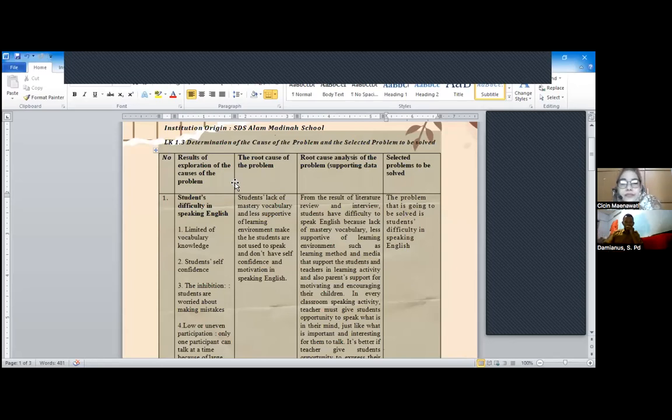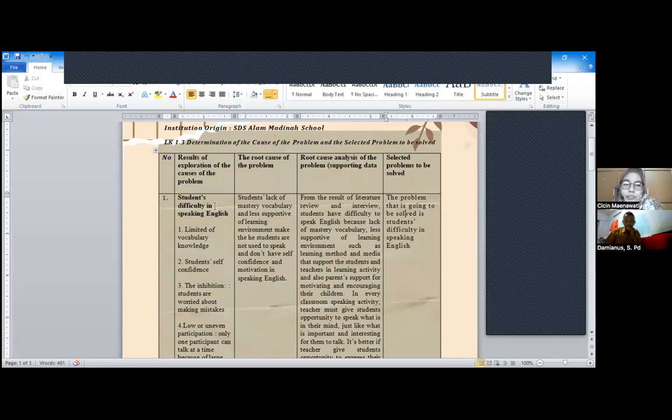So the student has limited vocabulary. The second, student self confidence. So in the second column, why don't you put the reason of the student's lack of confidence and the others till point 6? But I myself explain from column 1 to column 2, each point from number 1 to number 5. That's my question. Thank you.